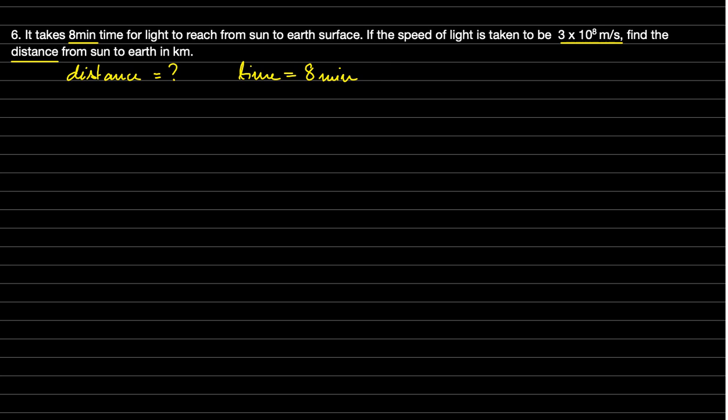So this is not in SI unit. We need to convert it to SI unit. So that gives me 8 into 1 minute is 60 seconds. So 8 minutes will be 8 into 60 seconds. That gives me 480 seconds.